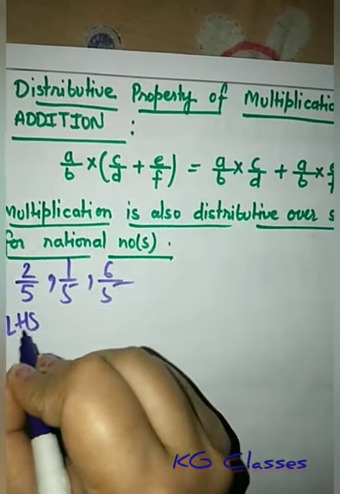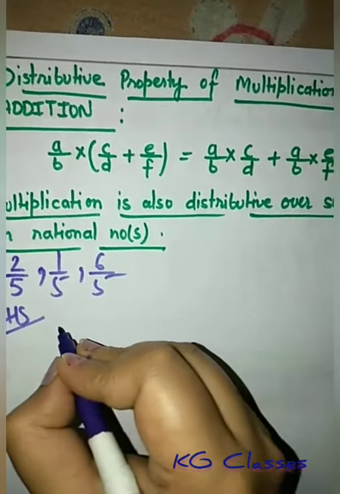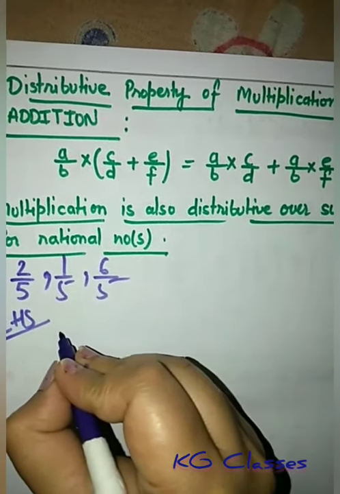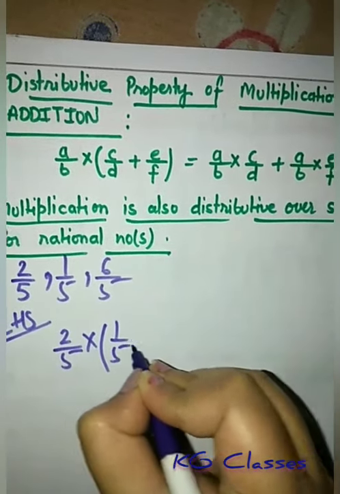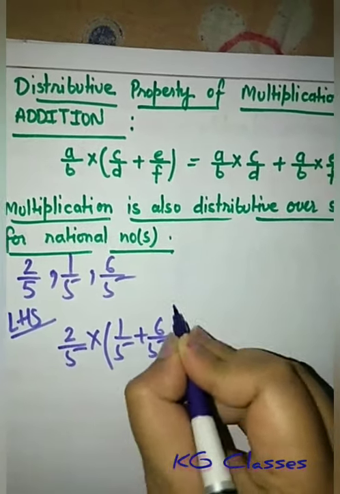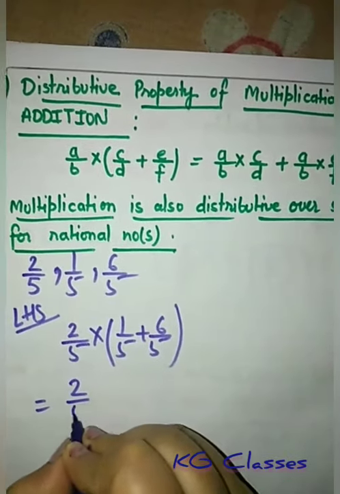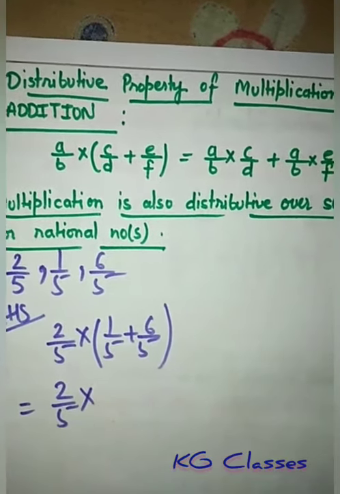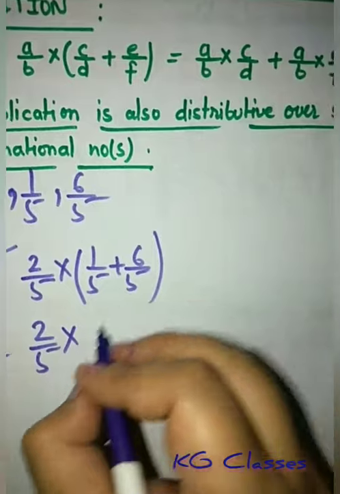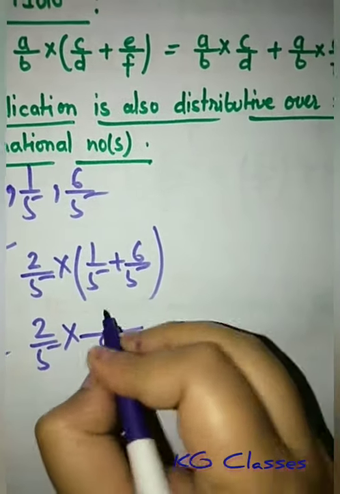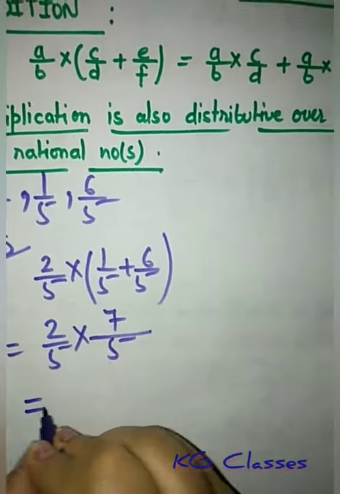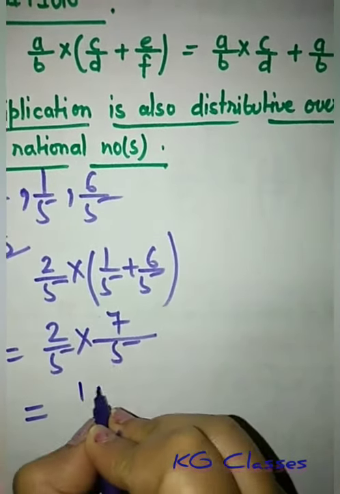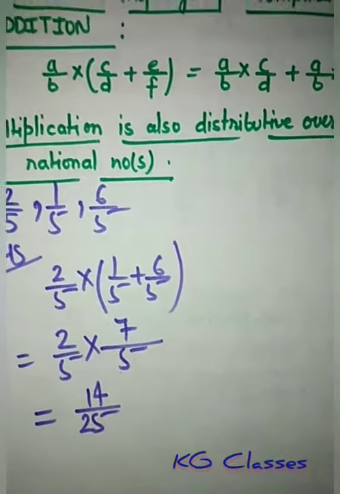Left hand side, we will solve left hand side first. So this one, 1 by 5 plus 6 by 5, what will we get here? 2 by 5, we have to solve the bracket first. 1 plus 6, 7 here. So what will we get? 7 2s are 14 and 5 5s are 25 here.